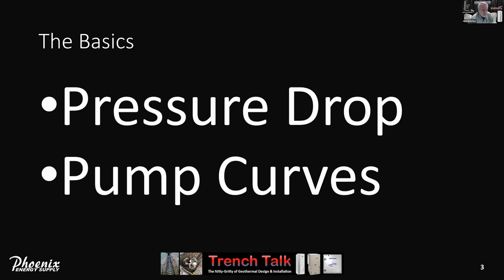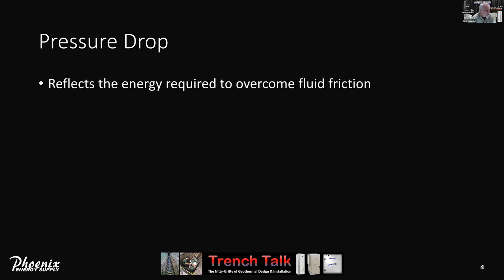So what are the basics? And there's two. There's pressure drop and there's understanding pump curves. So we're going to start off talking about pressure drop. What is it? Well, it reflects the energy required to overcome fluid friction. And it's only friction.